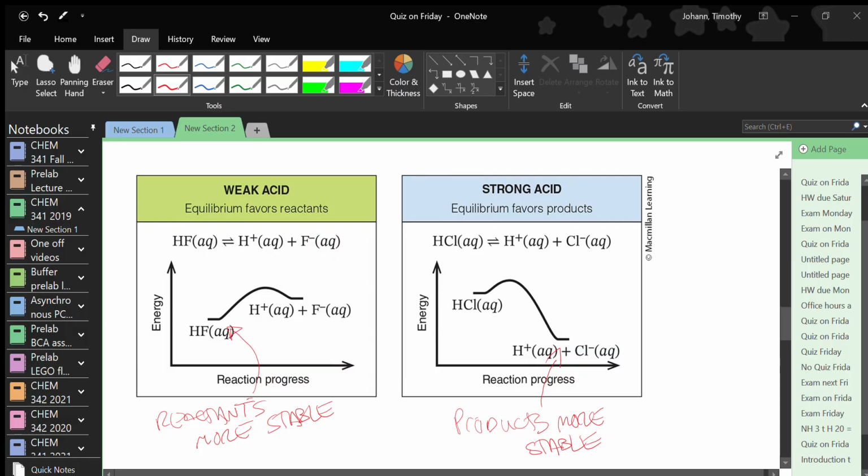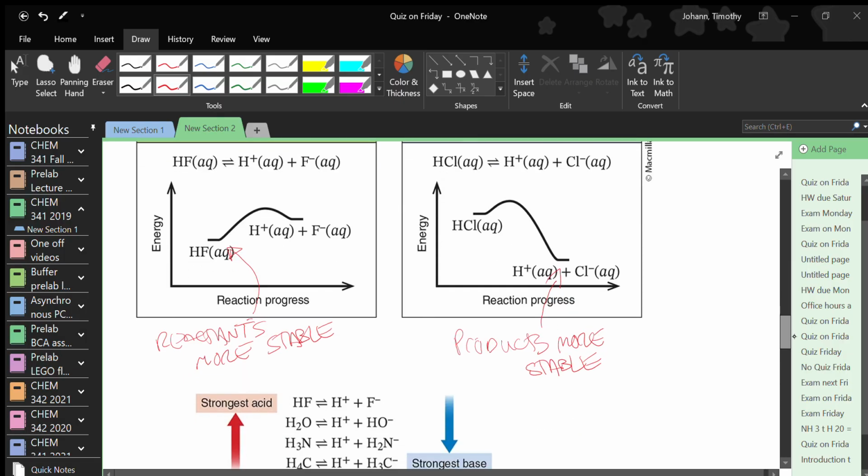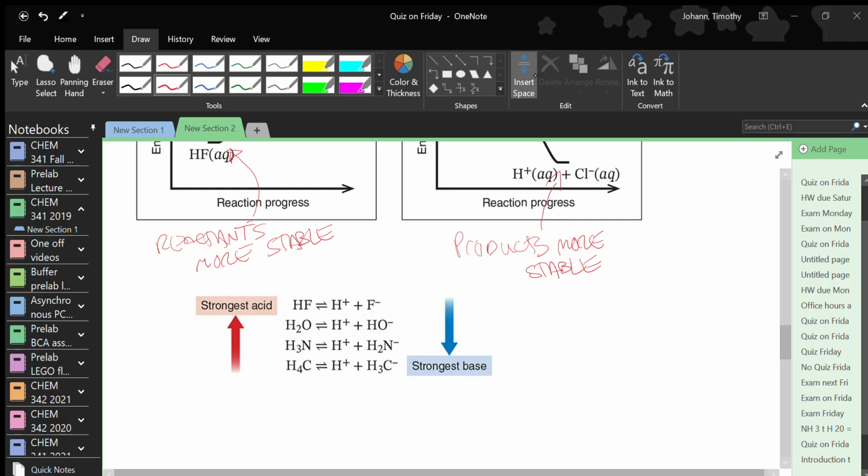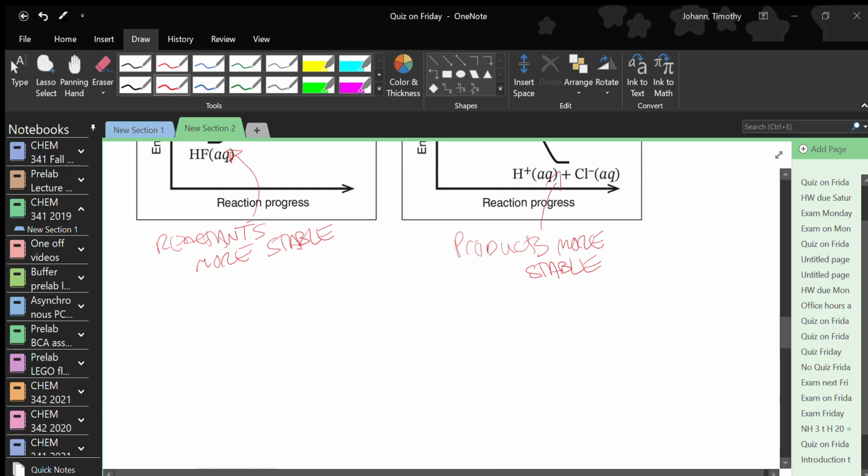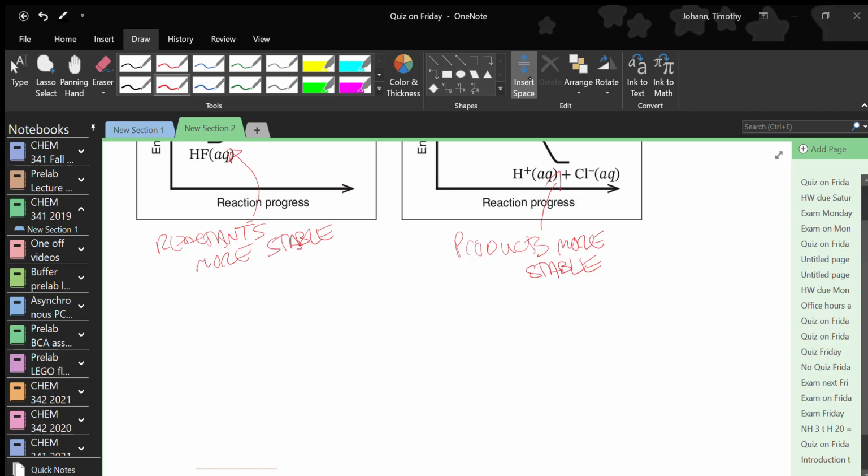All right, and this is using these energy diagrams we've used before, right? If you continue on with chemistry, you're going to see these again and again and again. They get used in all the classes. Okay, let's talk about something else. So rather than use the table, we don't need that table to do all things. I might give you the table and ask you to do things based on that.